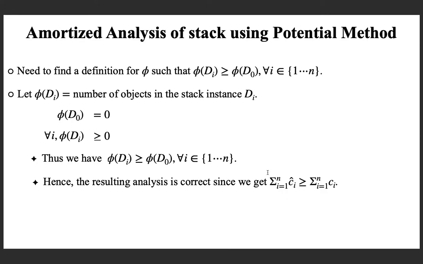Because the total amortized cost in the potential method is the total actual cost plus the potential of the last instance minus the potential of the initial instance, and we already proved that this condition is satisfied. This is greater than or equal to zero, and hence we have the total actual cost plus a non-negative value. That means the condition is satisfied.